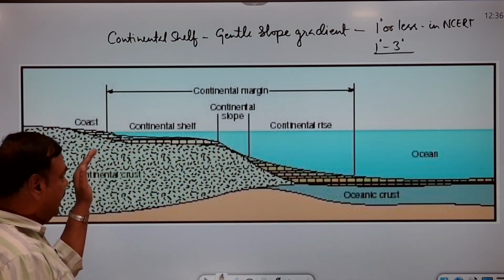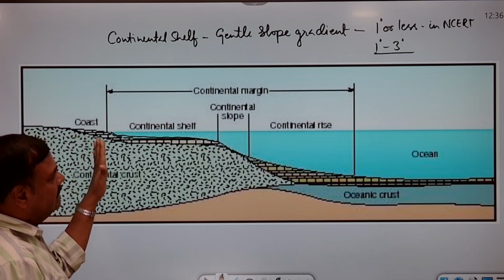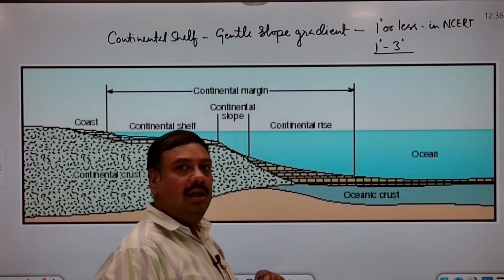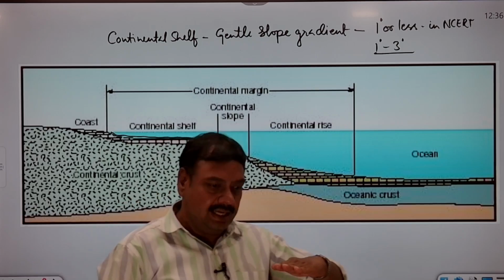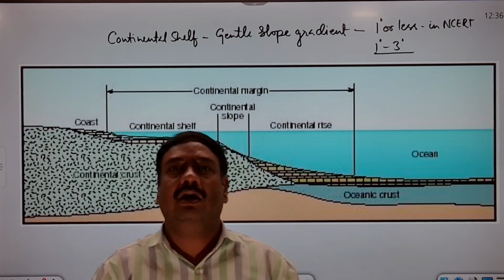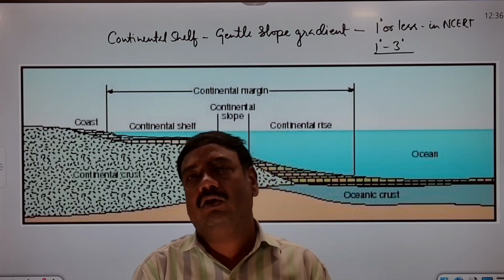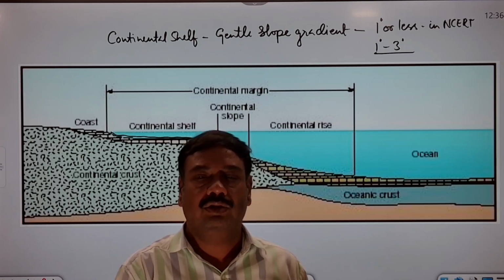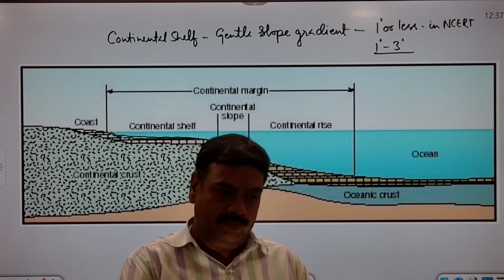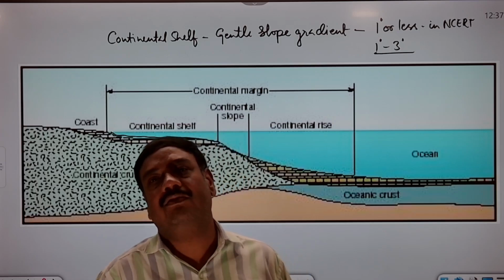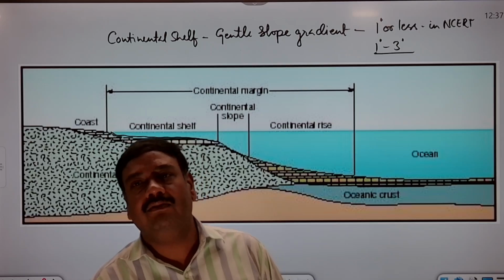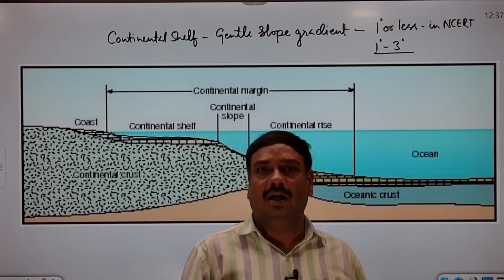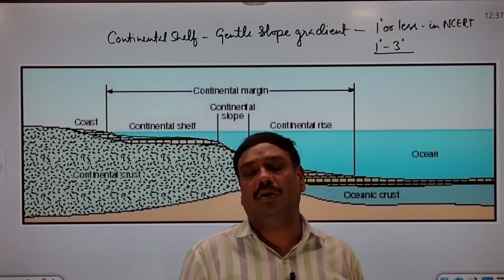With this slope gradient, the continental crust extends under the seawater. Just as you may have a large table or a cupboard at your house, from which a shelf can be extended, that kind of thing is taken here to understand this portion of the ocean relief.